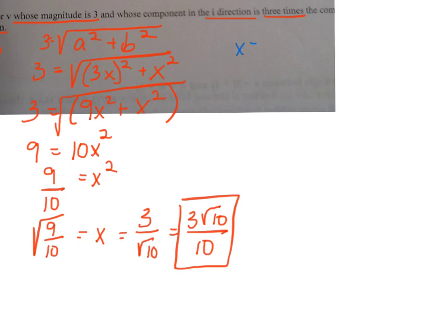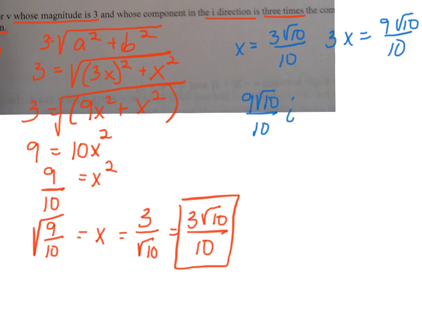So if x is 3 root 10 over 10, then I know 3x is 9 root 10 over 10. And remember, the 3x part goes with the i's. So I would write my final answer like this. 9 root 10 over 10 i plus 3 root 10 over 10 j.